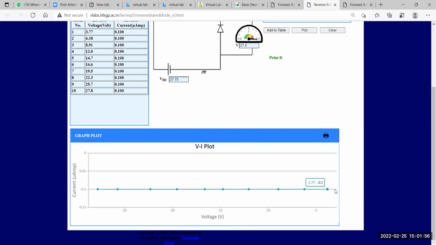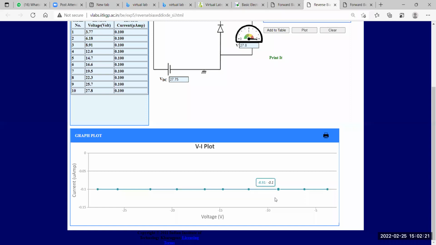And after you increase the reverse bias, the current starts to increase due to minority carriers.